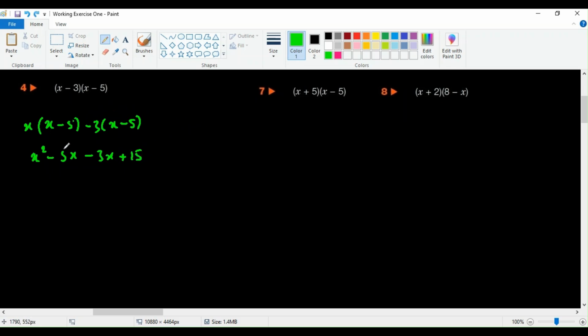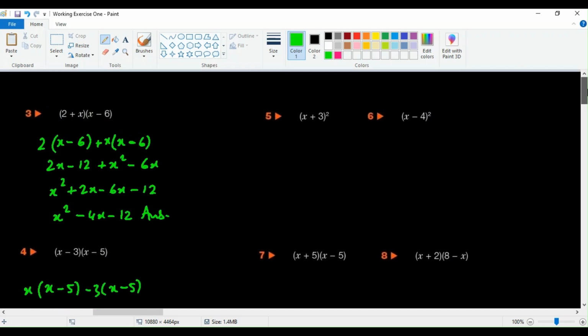So this is going to give us x square minus 8x plus 15. If you come across a short method, that is also possible, but in the school, the notebooks, in the exam, in the test, make sure you show this working. It is a must to get full marks.